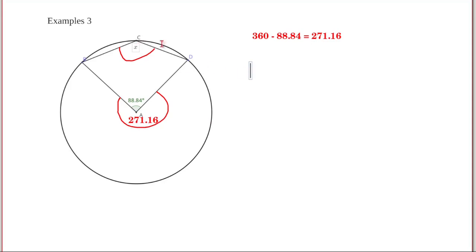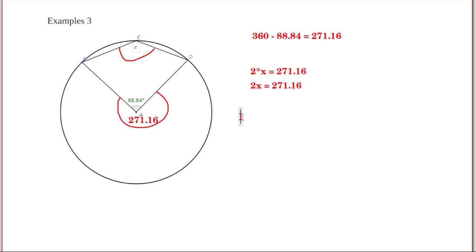Then we need to find the angle on the circumference. So 2 times the angle at the circumference, x, equals the angle at the center, which is 271.16. Then from there, 2 times x is 2x, being equal to 271.16.